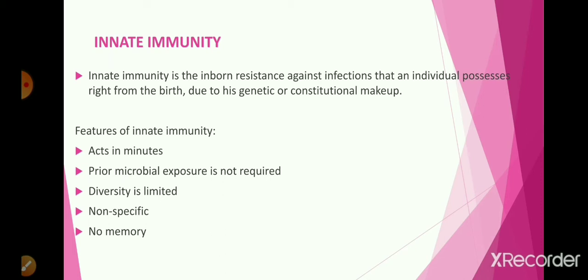Basically, the diversity in the innate immune system is limited. We know that in the adaptive immune system antibodies are present. Antibodies have great diversity due to genetic makeup, that is three gene segments which form the antibody: V, D and J, which show diversity in the formation of antibodies. But in the innate immune system the diversity is limited.